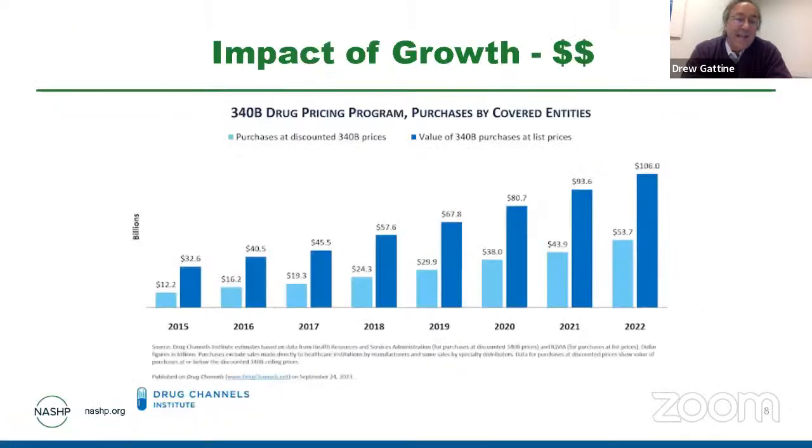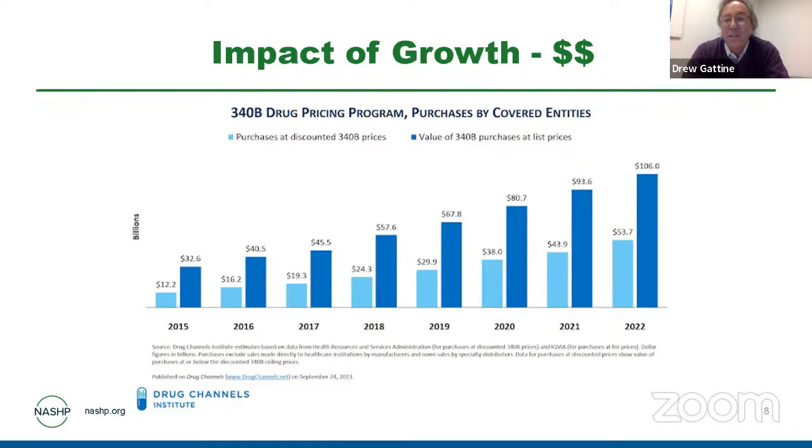And again, this just shows you in graphical form the extent of the program growth. It goes back to the first point that I made that if you go back to 2015, the purchases at the discounted rate were about $12 billion a year. If you go back in time 5 years before that, it's even smaller than that.